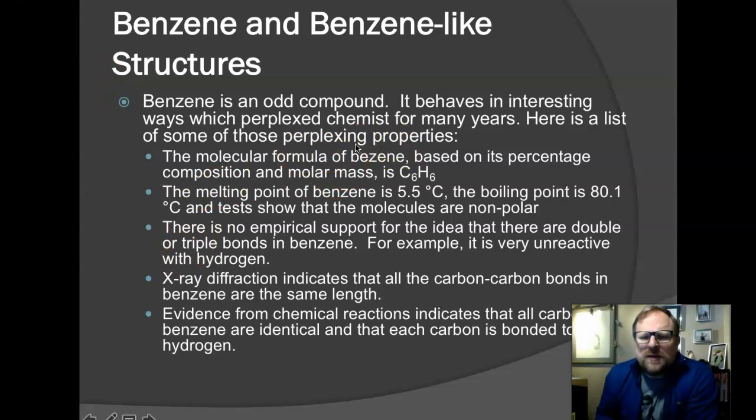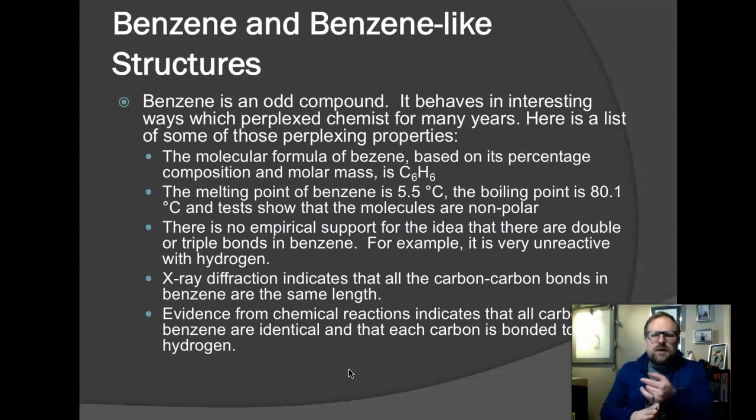Here are some of the things that made them think this was odd. First, the molecular formula of benzene, based on its composition and molar mass, is C6H6. When they analyzed this compound, it was unlike any other compound we've seen before.